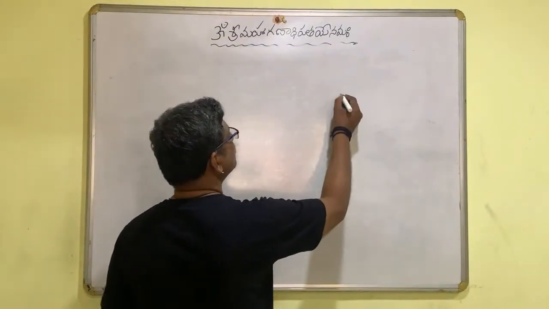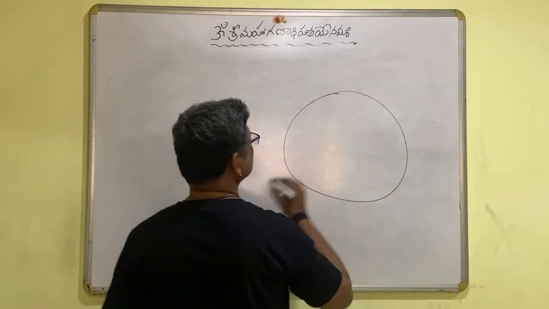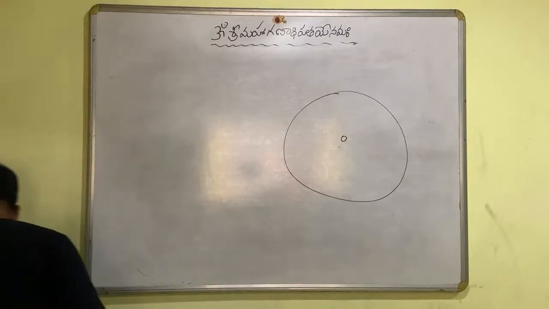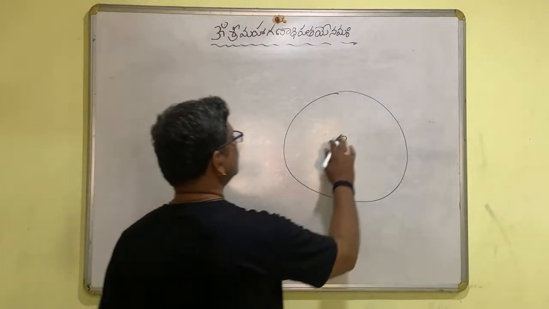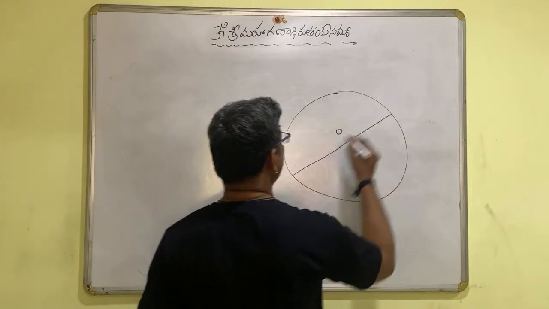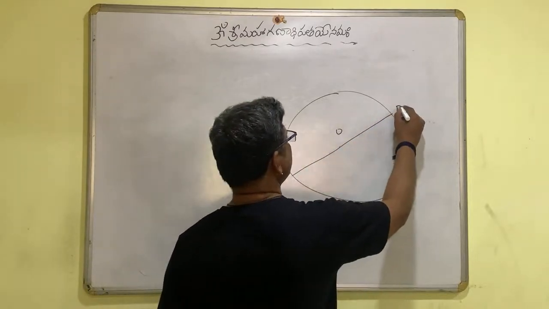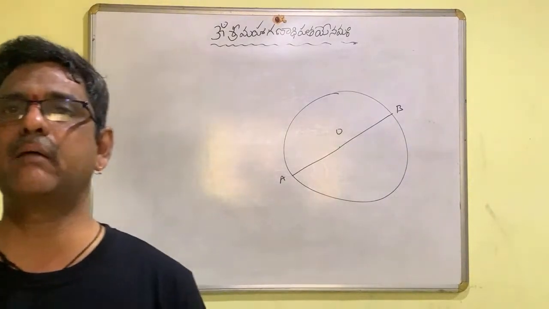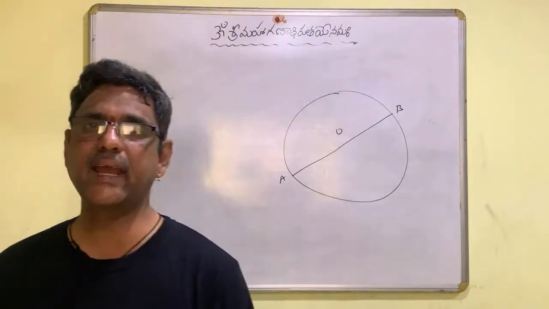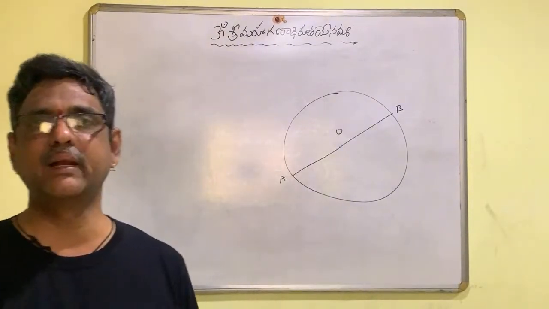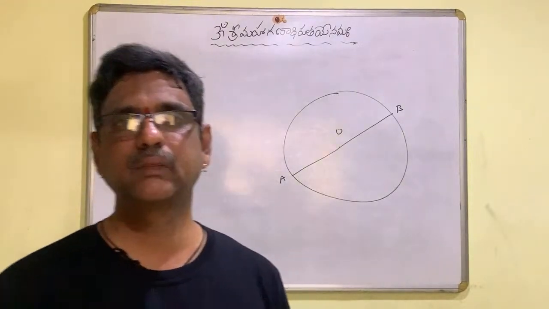See, there is a circular park with center O. And there are two gates A and B, which are the endpoints of the diameter of the circular park. Gate A, gate B. They are the endpoints of the diameter AOB.